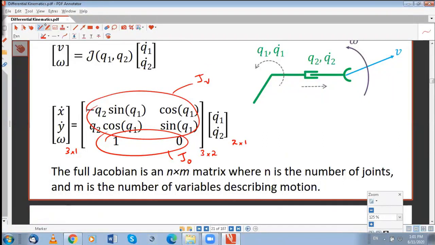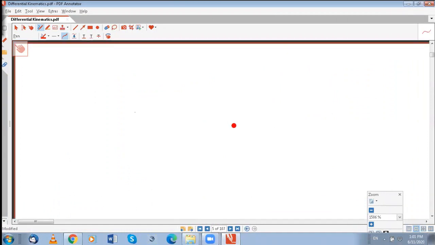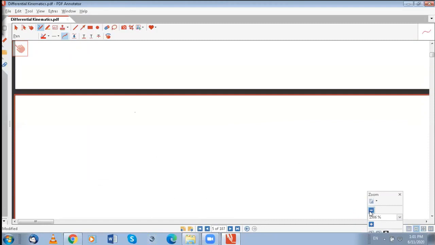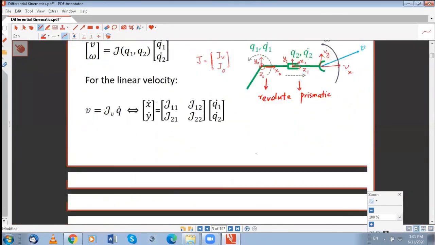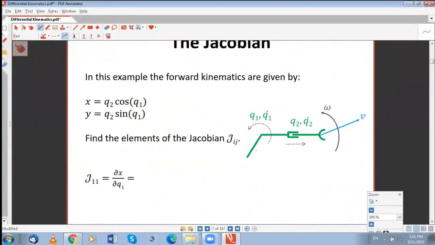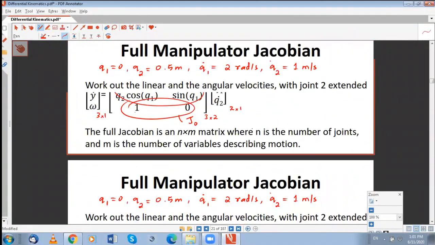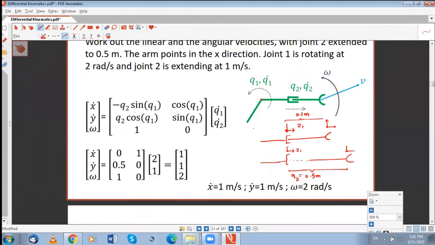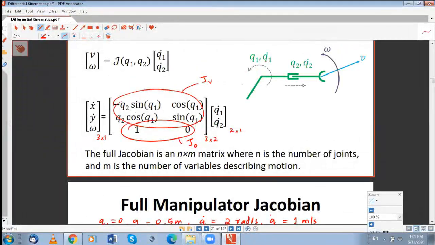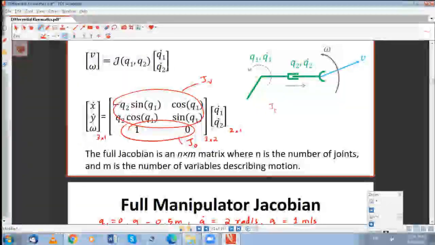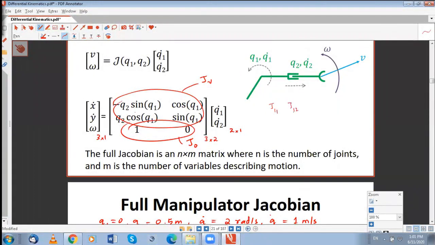If you want, you can also write this Jacobian as J11, J12, and J21, J22, and then we know that there is 0, 0, and J61, J62.